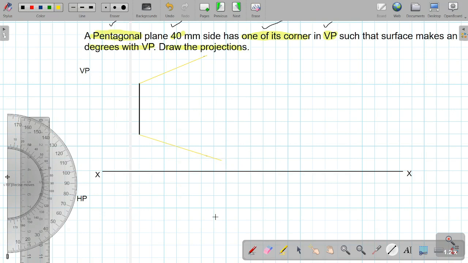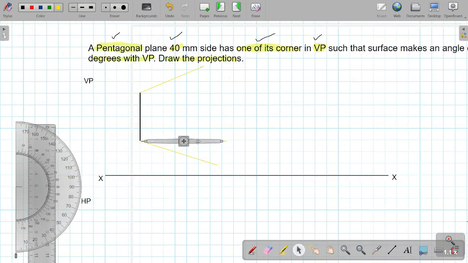Then by means of a compass, measure this length, that is the edge of the pentagon, that is 4 centimeter. And you have to cut an arc on this particular line, which we have just drawn at 72 degrees. Similarly, you have to keep the compass at this end and cut an arc on this particular line.